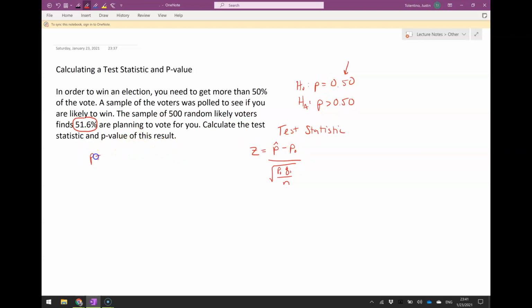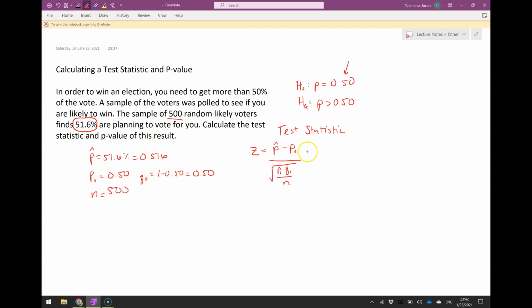p hat was 51.6%, or 0.516. We know p naught is 0.5. That's what we expect to see. And q naught is just the complement of that, so 1 minus 0.5, which is still 0.5. And of course, our sample size n is just the number of people we sampled, which is 500.